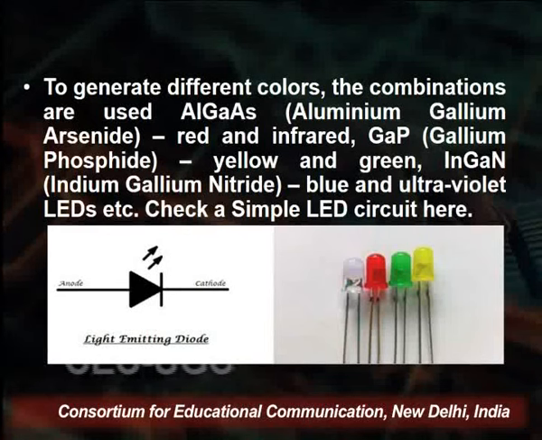Here is the symbol of the LED, and here are the different colors of diodes we can have on the basis of the material we are using: aluminum gallium arsenide produces red and infrared, and the others give yellow, green, blue and ultraviolet.